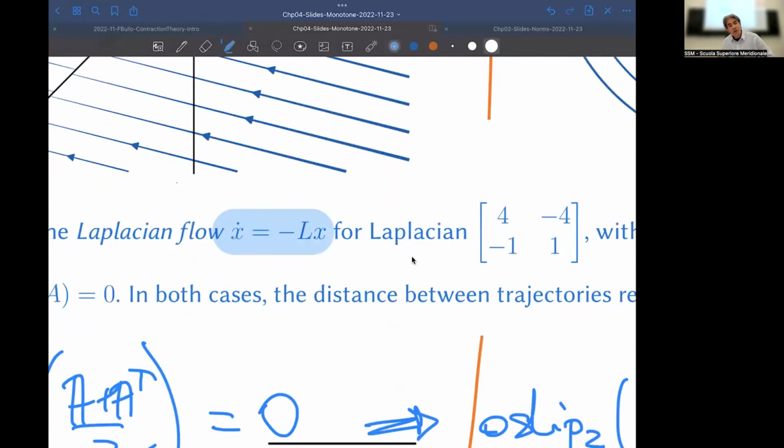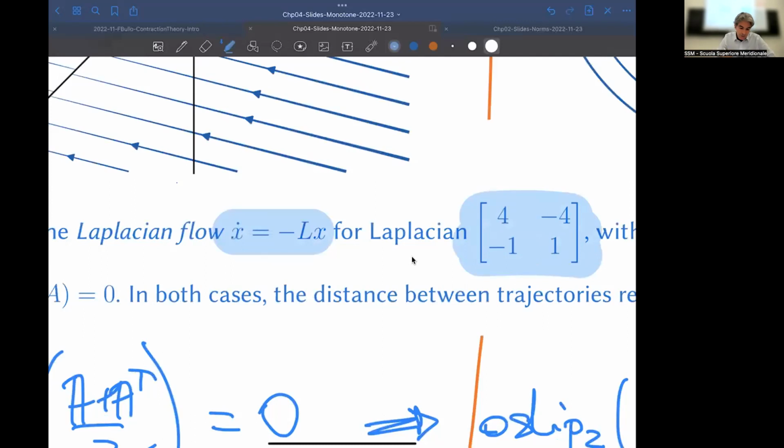Laplacian matrices have two characteristic properties. The first property is that each row sum is 0. And the second property is that they are minus a Metzler matrix, meaning the off-diagonal entries are negative or 0.